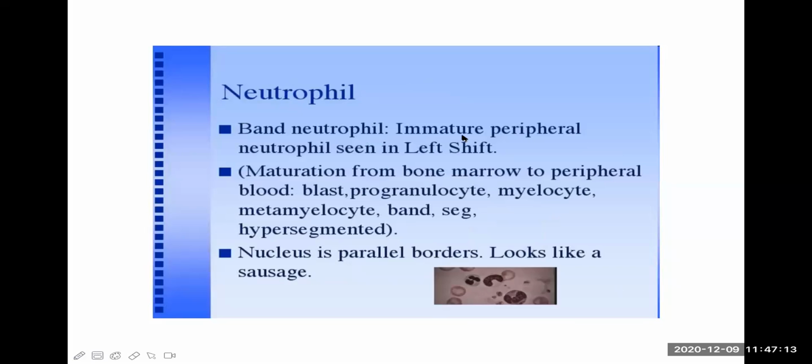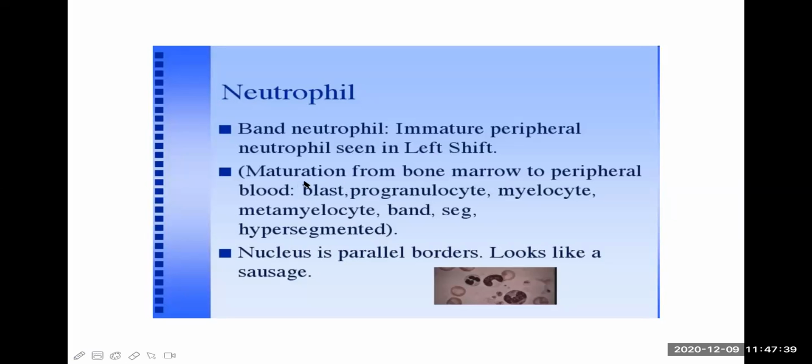They are the immature form, and there is one term I'd like you to note here. It is left shift. Left shift means if there is a majority of neutrophils which are band type or immature type, we call it left shift. It shows a serious type of infection in the body. That type of term is very commonly used in peripheral smear interpretation.